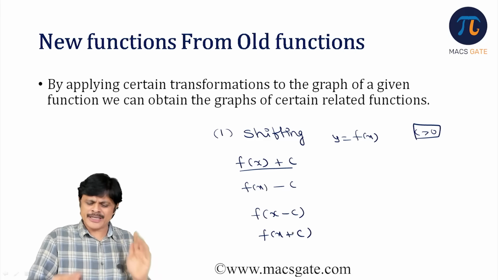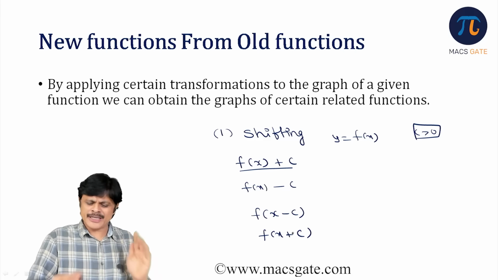So here it is plus c, it will shift left, minus c shifts right, whereas with c added outside, plus c shifts c units up and minus c shifts c units down. So shift up by c units, down by c units, and here minus c means right shift and plus c means left shift. This is the basic idea for shifting, also known as translation.